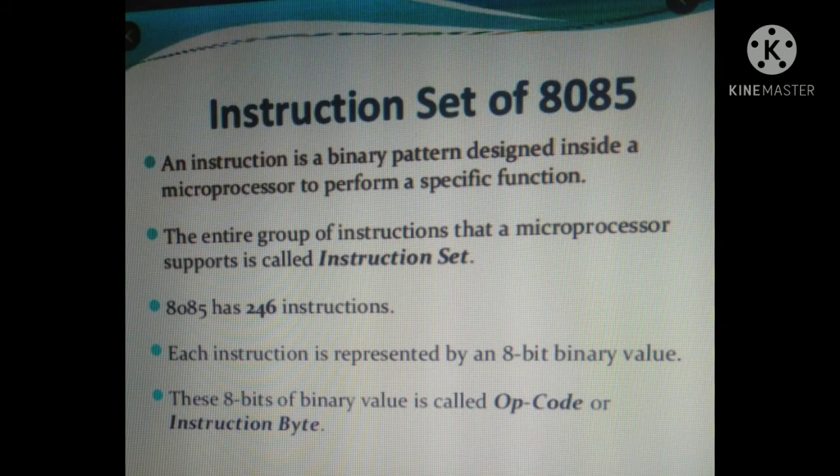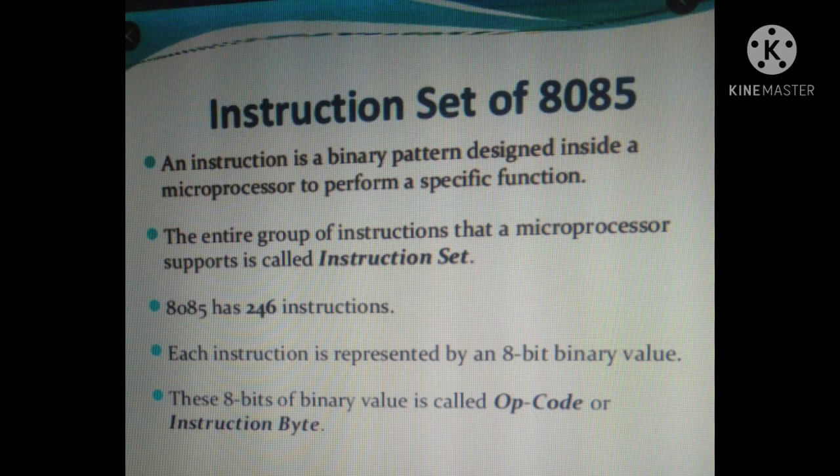Next, the instruction set of 8085. First point, an instruction is a binary pattern designed inside a microprocessor to perform a specific function. Second point, the entire group of instructions that a microprocessor supports is called an instruction set. Then 8085 has 246 instructions.